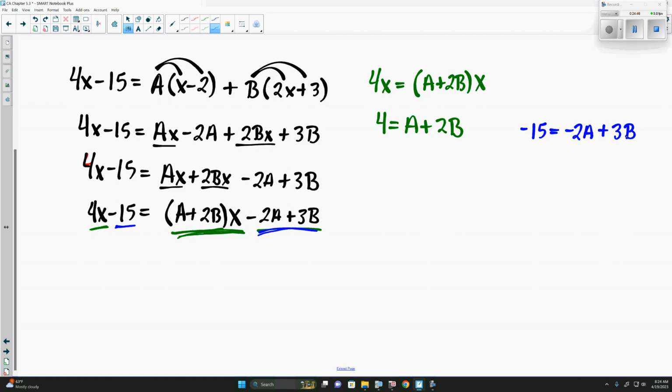So what we can do is multiply this equation by 2 and use elimination. If we do this multiplication, 2 times 4 is 8. 2 times a is 2a. 2 times 2b is plus 4b.